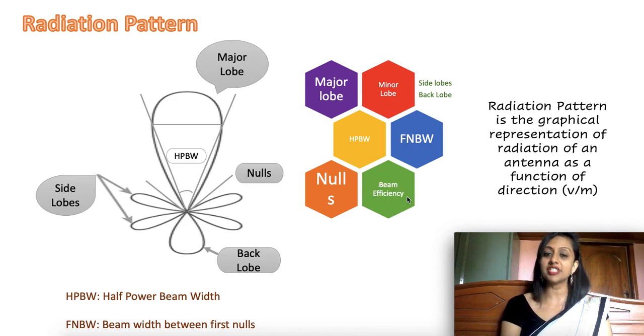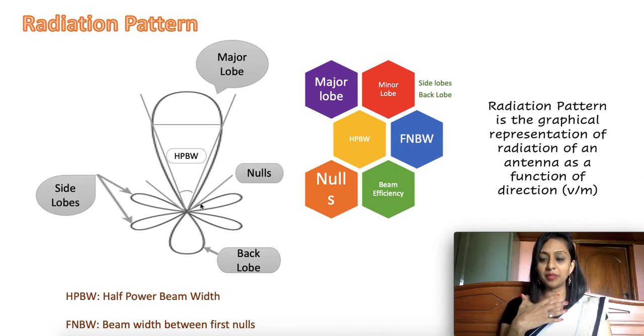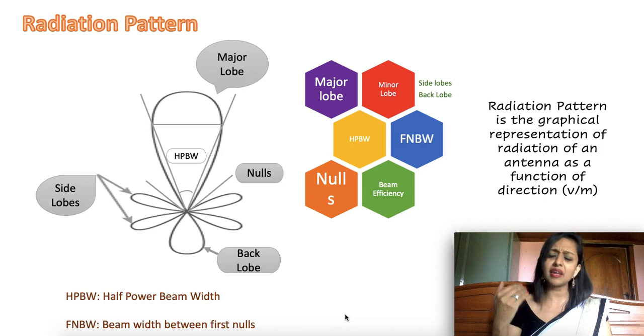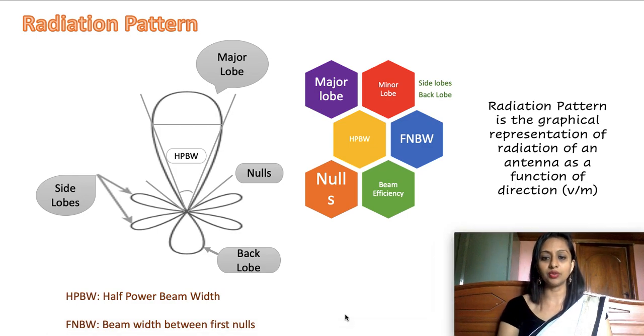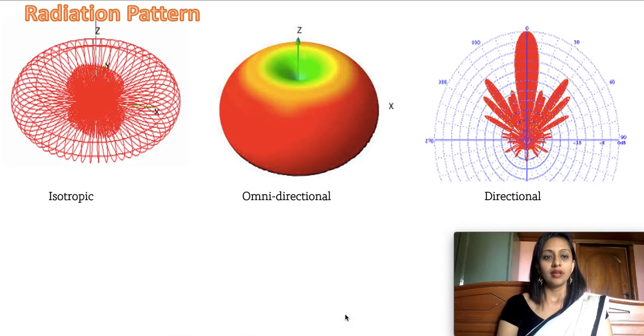So beam efficiency decides how much back lobe is coming up. Had my complete radiation been covered in the major lobe, my efficiency would have been 100%. Practically it does not happen. There are n number of factors which affect it. We'll see them one by one. The next term which we need to know is, how does a radiation pattern look?